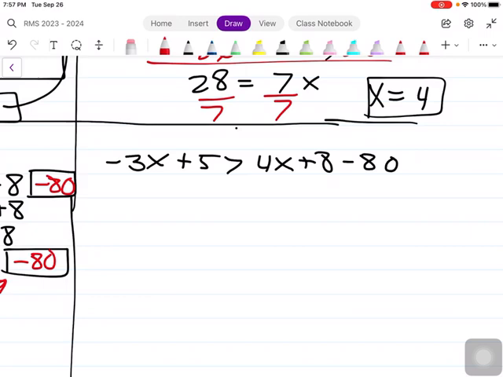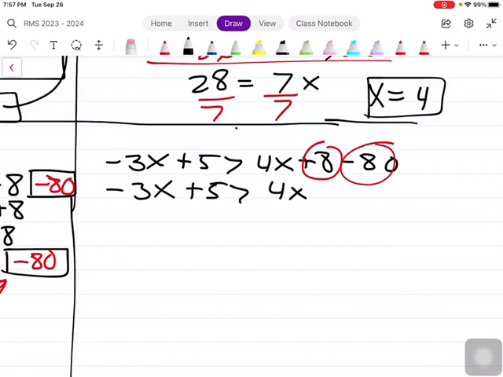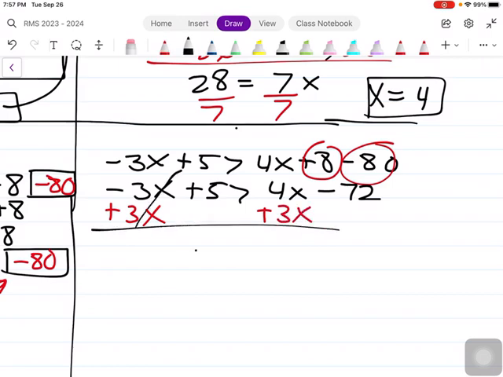So now I'm going to combine like terms on the same side here. Those are different signs, so I subtract. And I get negative 72. Now negative 3x is the smaller one, so then I'm going to add 3x on both sides. I get 5 is greater than 7x.